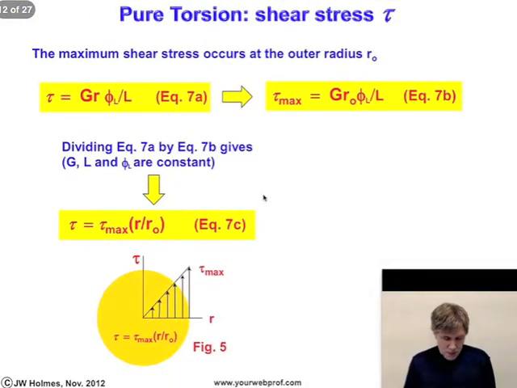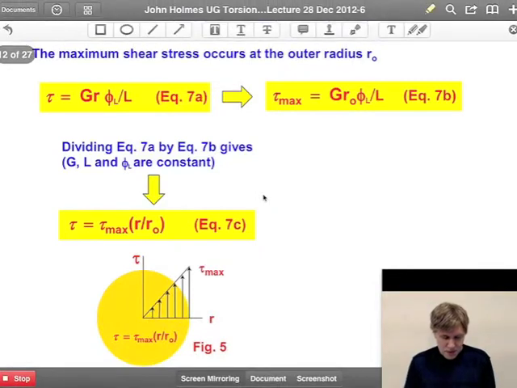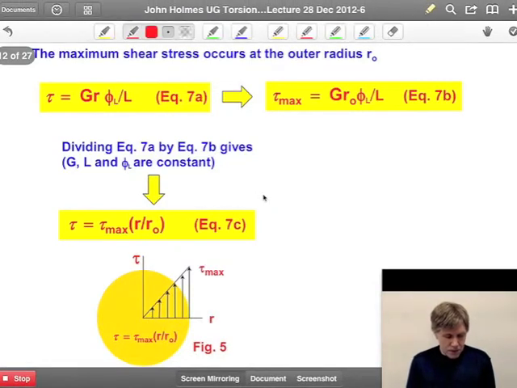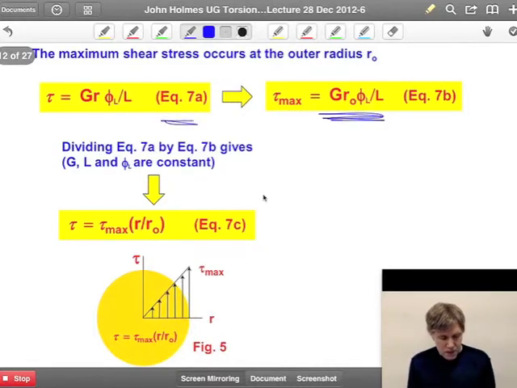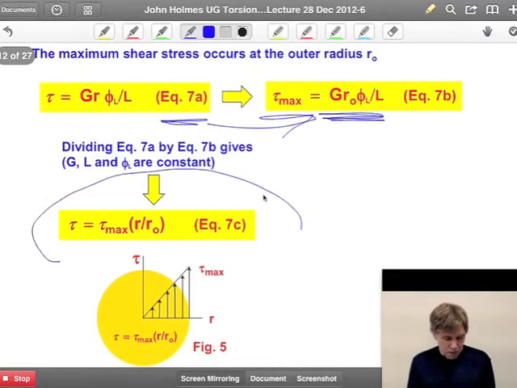Now we'll make use of this expression. Let's first use this to derive a maybe more convenient expression, and then we're actually going to use this expression to determine the relationship between shear stress distribution and torque. Tau max naturally occurs at the outer radius. That's equation 7b here. If we now divide equation 7a by 7b, and noting that G, L, and theta L are constants, then we end up with the relationship that we expected between shear stress and radius.